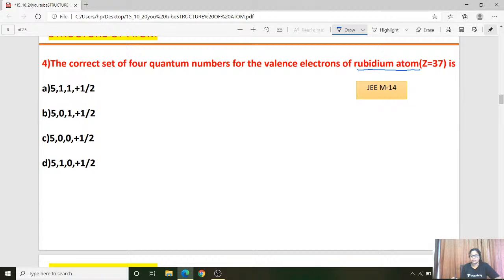As you can see, student, it is a question asked in a previous exam, JEE Main 2014. So just try to find out. I am just giving you a second.